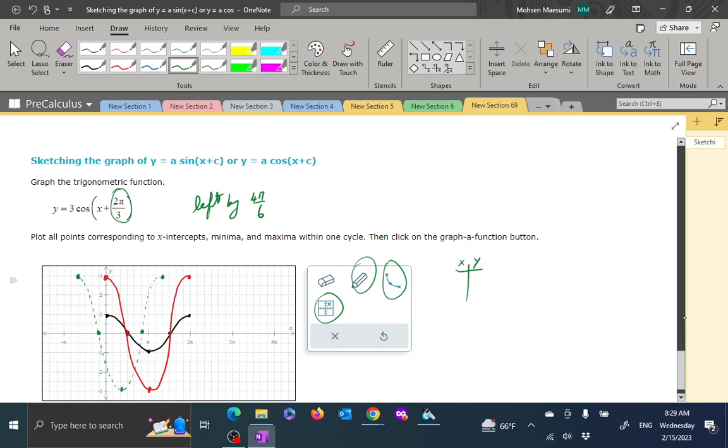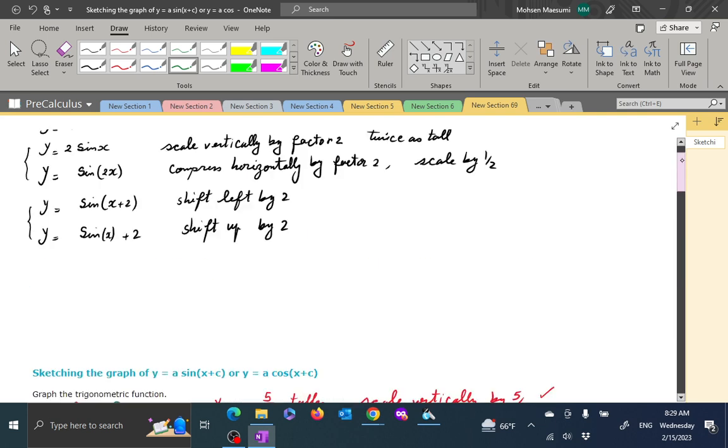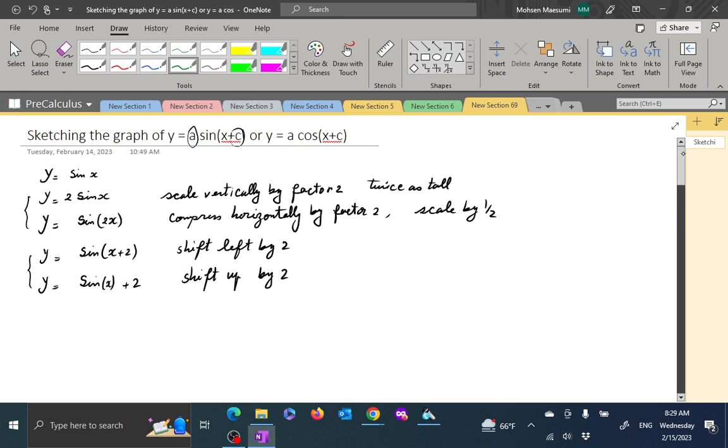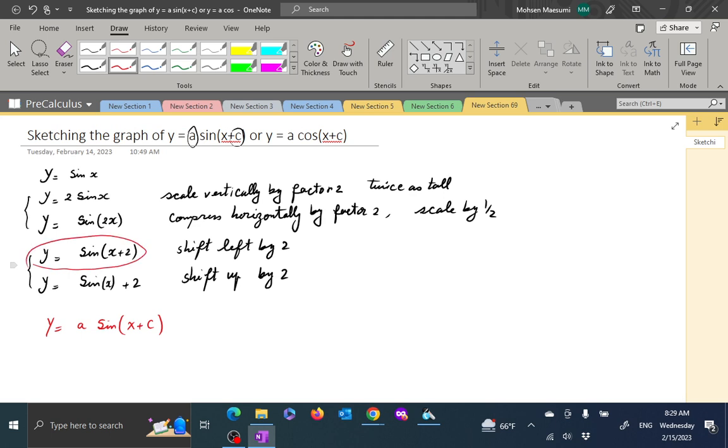Okay, so what is it that we learned today? What we learned is combination movement. So y is equal to a sine of x plus c meant that this movement and this transformation are being combined.